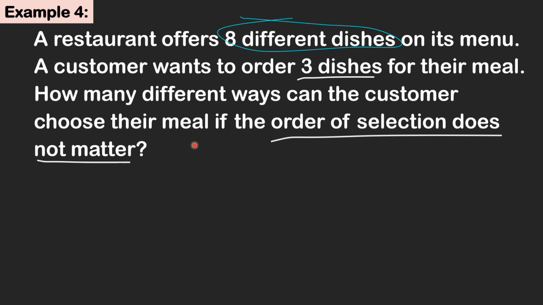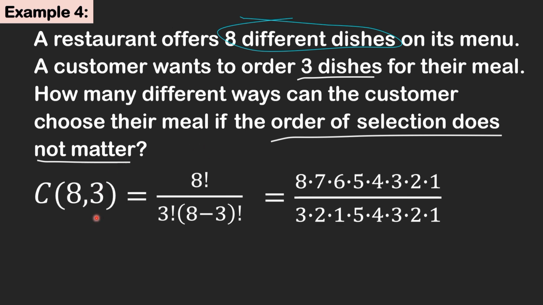The number of ways to choose 3 dishes from 8 is given by the formula. Combination of 8 taken 3 at a time is equal to 8 factorial divided by 3 factorial times the quantity of 8 minus 3 factorial equals, expand and then apply cancellation to simplify.